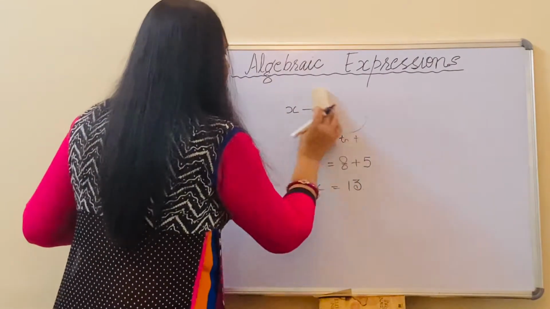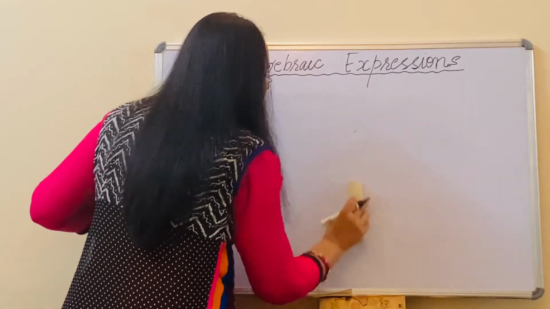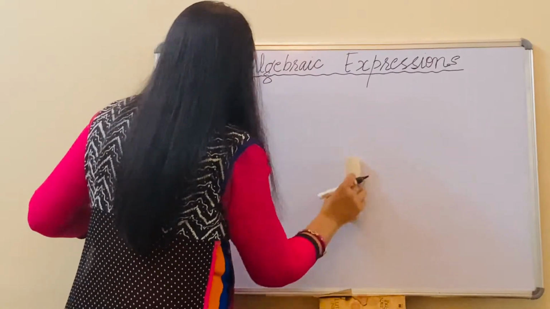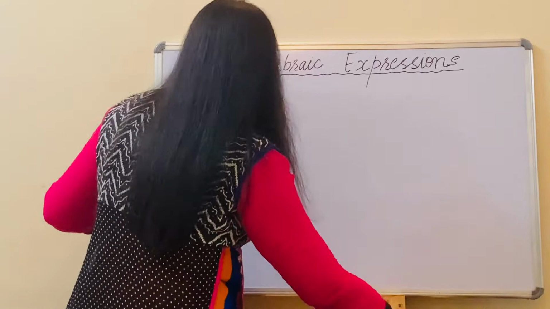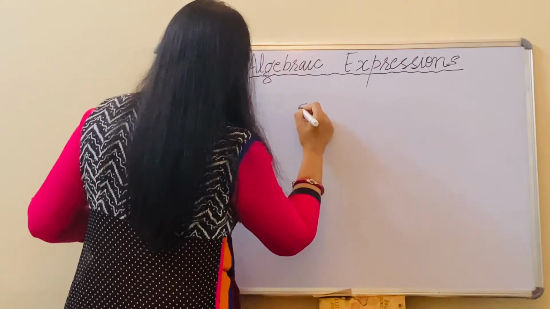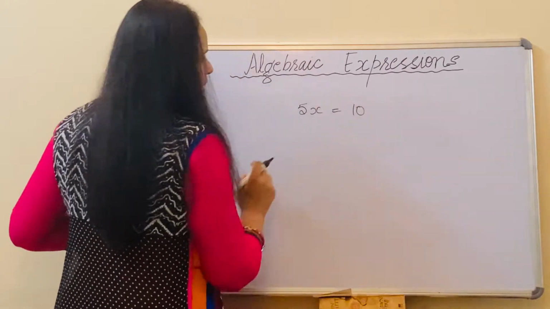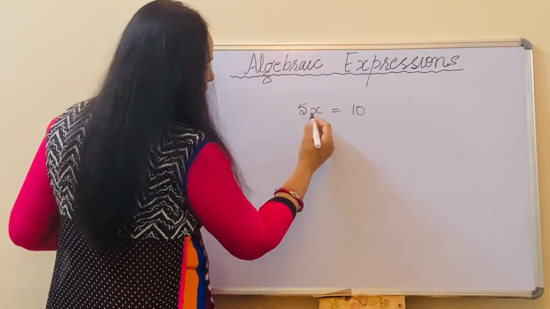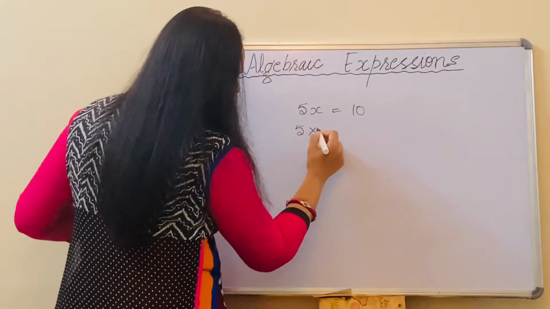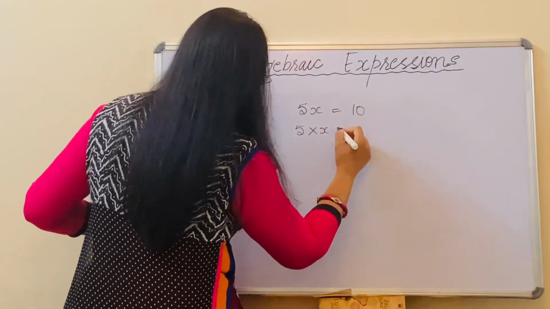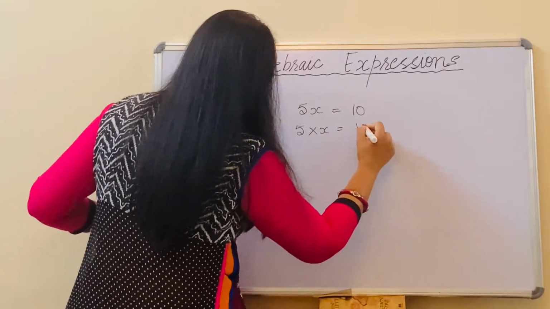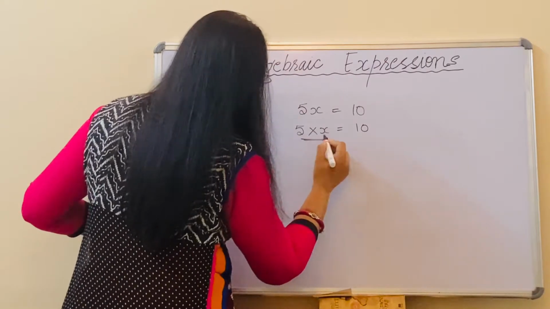Now if it is in multiplication, as in the term 5x is equal to 10. If you now calculate, this is 5 into x, as the factors I have told you. Now it is in multiplication.